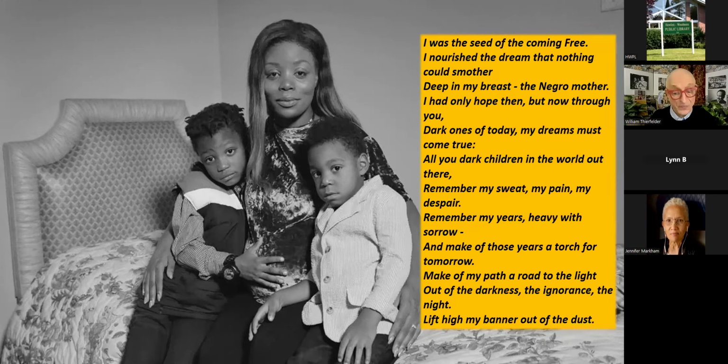I had only hope then, but now through you, dark ones of today, my dreams must come true. All you dark children in the world out there, remember my sweat, my pain, my despair. Remember my years heavy with sorrow, and make of those years a torch for tomorrow.